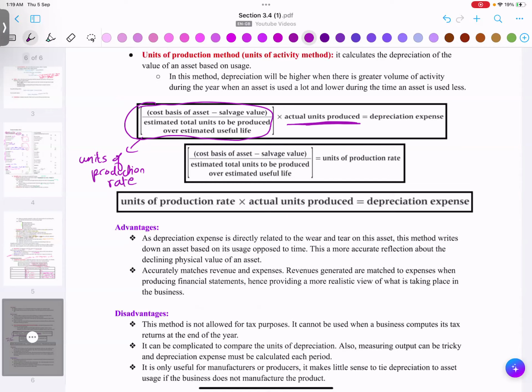And then units of production rate times actual units produced equals depreciation expense. Okay. So basically, units of production rate times the actual units produced is depreciation expense.